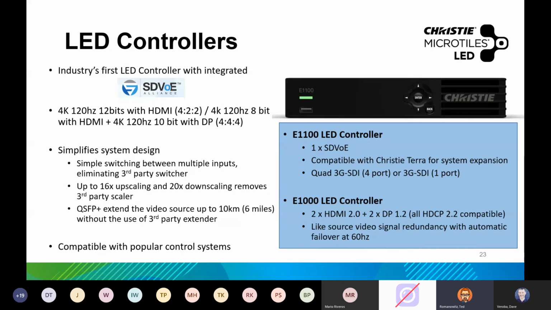Conversely, I did mention that the E1100 does have the SDVOE input, as well as the Quad 3G SDI, which is a really important connectivity option for our broadcast customers. So really, really nice on that side for them. Next slide.